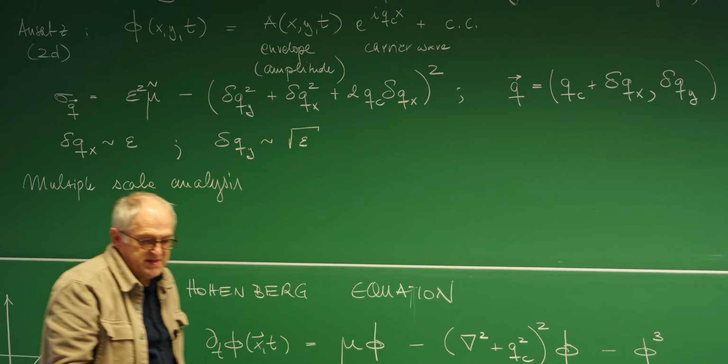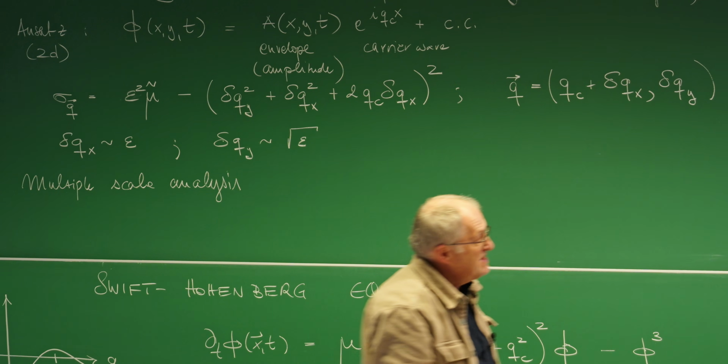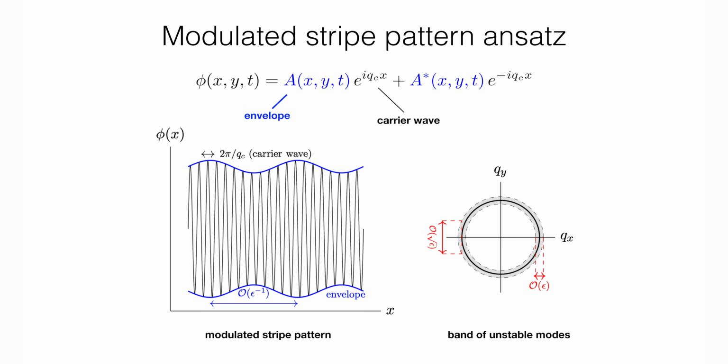Right, and let me emphasize again, we have multiple scales here because we have this fast carrier wave of order 1, and then there's the slow variation of the envelope wave because you have just a small sliver of modes available from which you can build the interacting modes in the band of unstable modes.